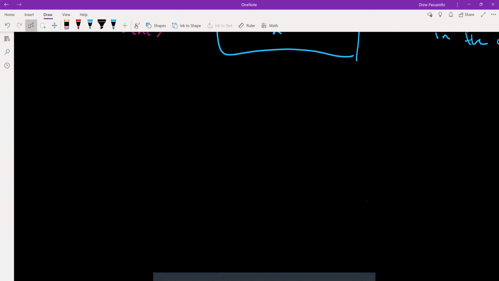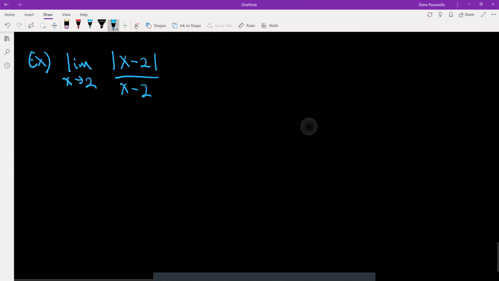All right, so another example. Let's say I wanted the limit as x goes to 2, and our function is the absolute value of x minus 2 over x minus 2. I'll go ahead and provide the graph, so what its graph looks like.